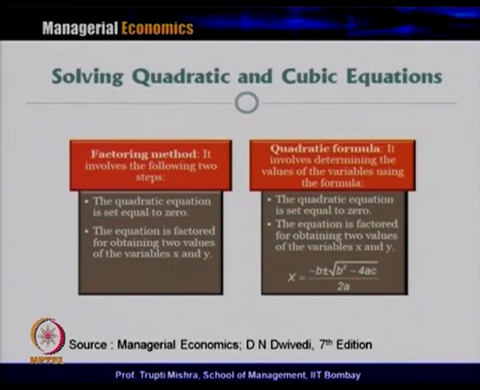Now, to solve quadratic and cubic equations, we have two methods, one is the factoring method and the second one is the quadratic formula. Now, we will check one by one what the factoring method is and what the quadratic formula is to solve these equations.